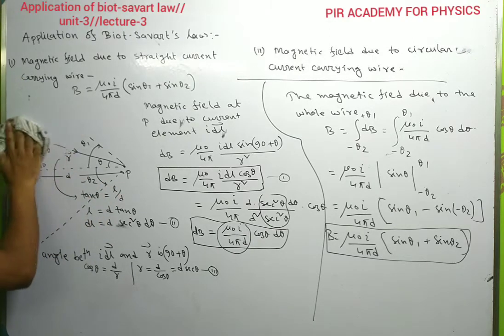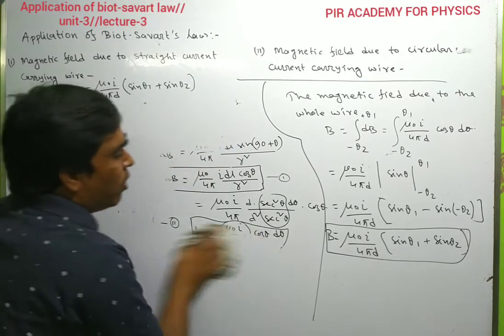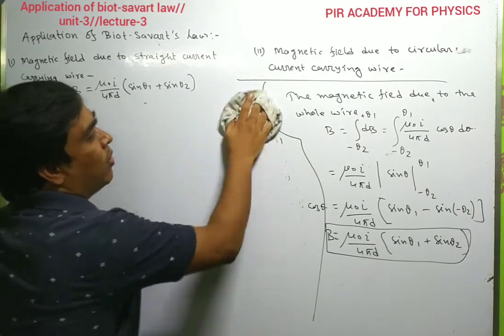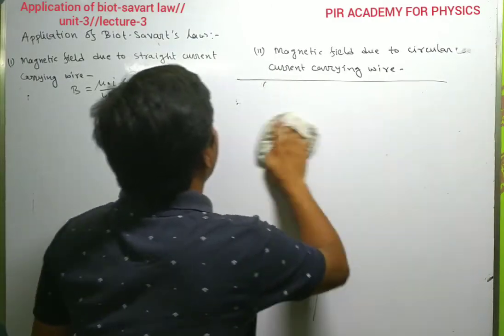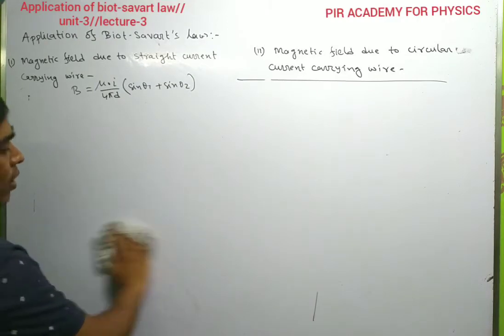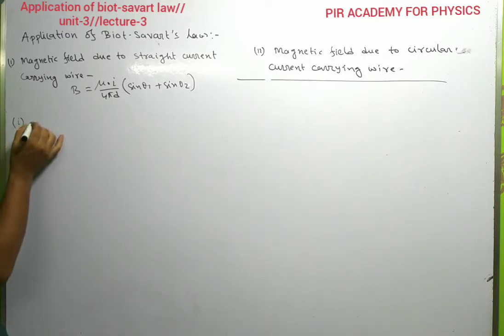Now there are some special cases. So now I will discuss some special cases of this situation. Number one: if you want to calculate magnetic field on a perpendicular bisector.